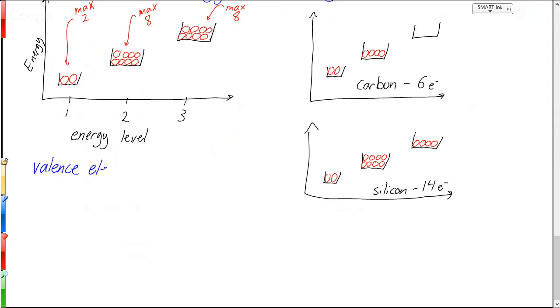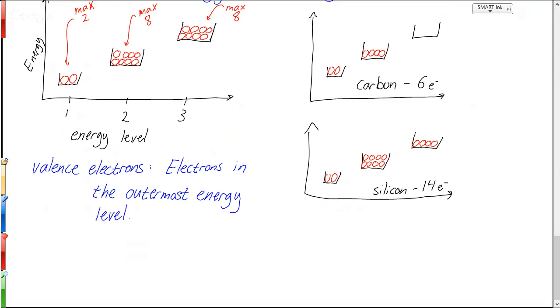The valence electrons we're going to define as electrons in the outermost or highest energy level. And then the core electrons are all the rest.